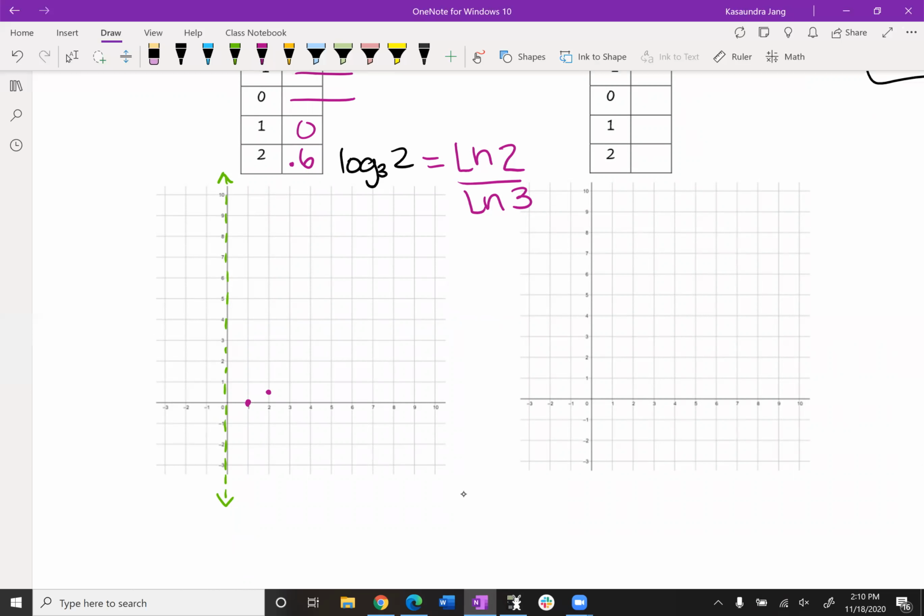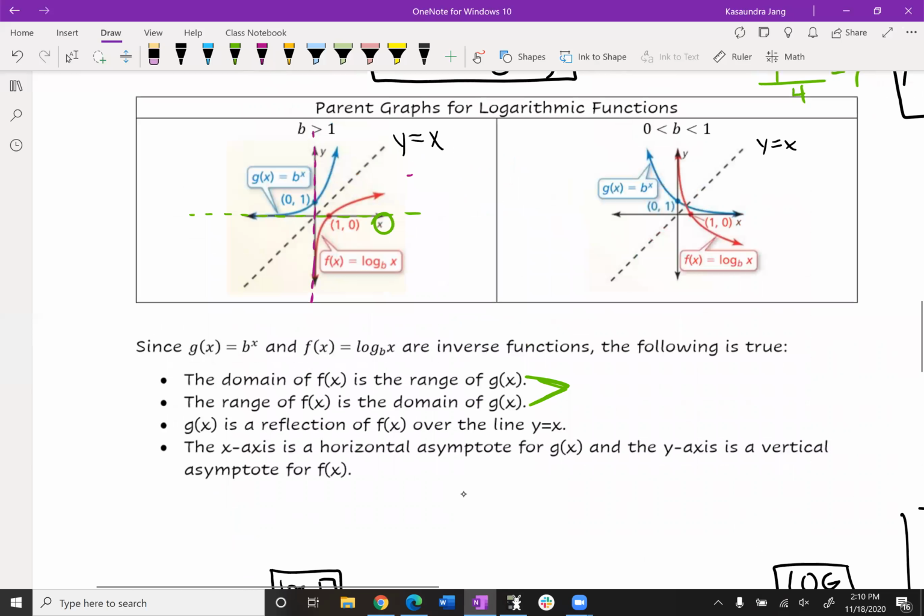I'm going to use this basic shape to curve through the points I had, really close to, but not crossing, the asymptote. All right, so there we go. Do I have any questions on this before we try our last graph?